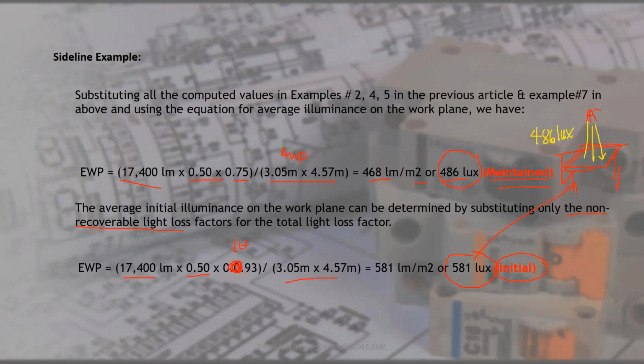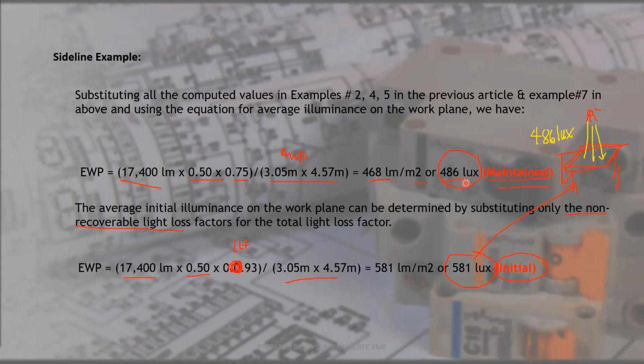The average maintained illuminance of 468 lumens per square meter will strike the area covered in a plane. Some points on the work plane will have an illuminance higher than 468, while others will have an illuminance lower than this value.